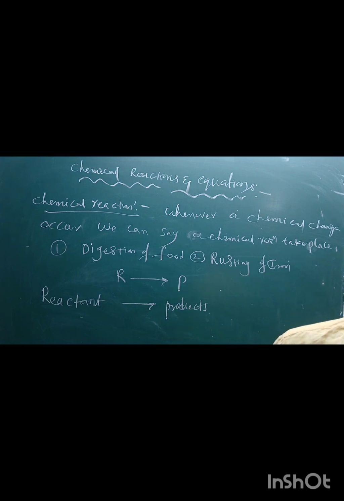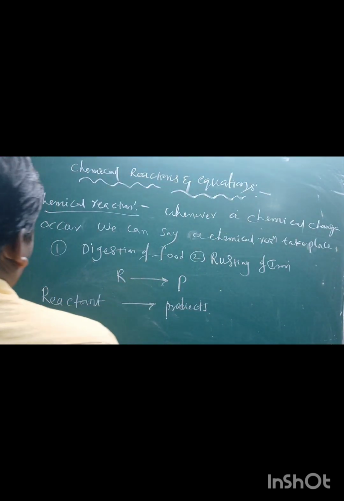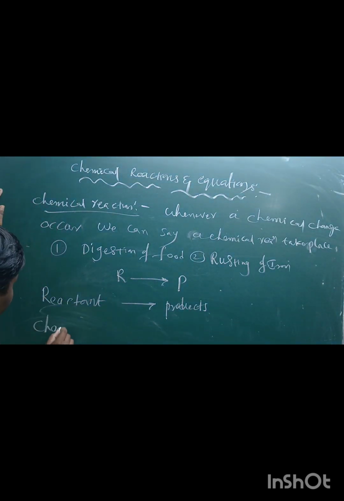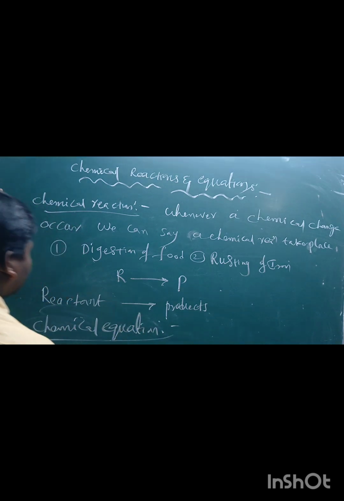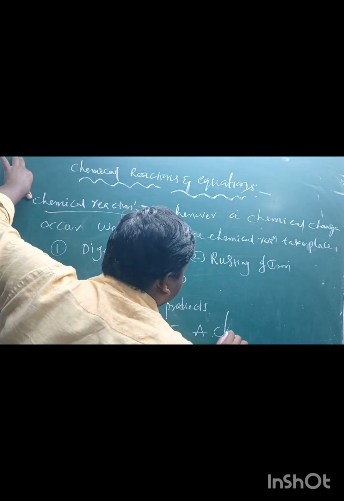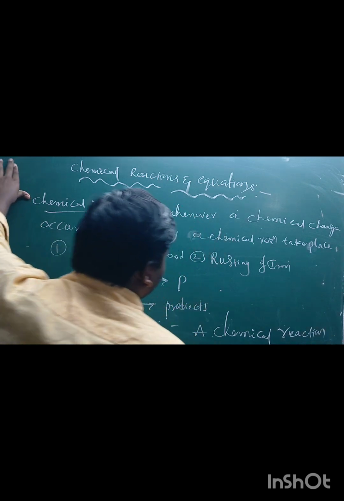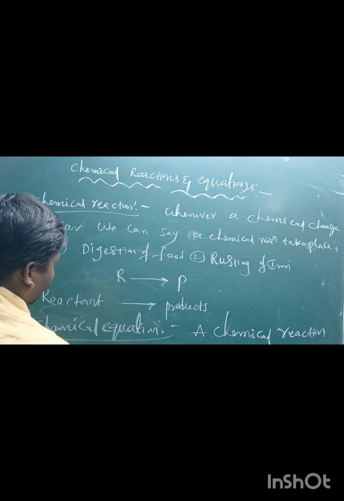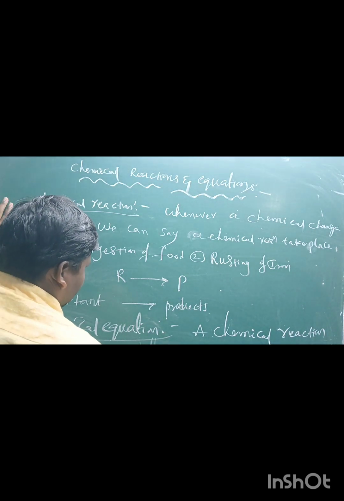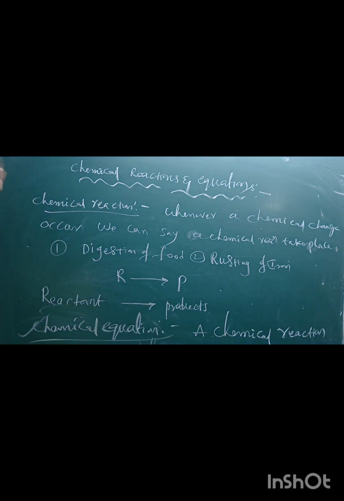What is a chemical equation, sir? A chemical reaction expressed symbolically is called a chemical equation.